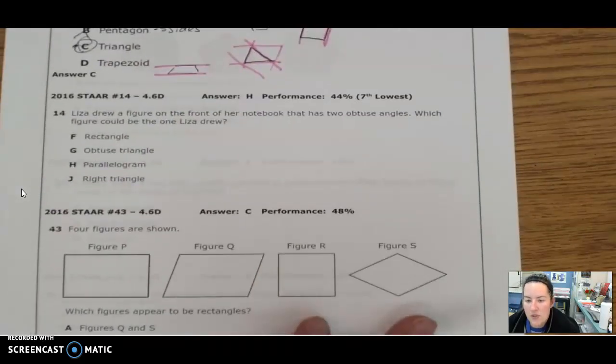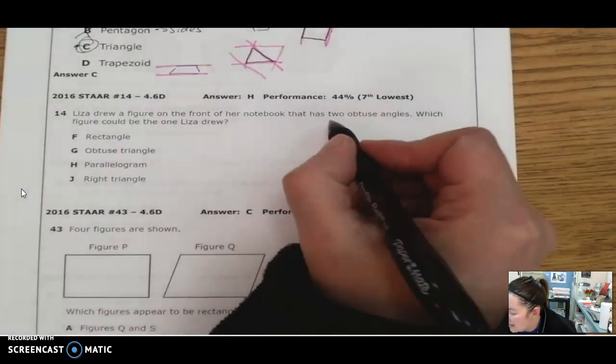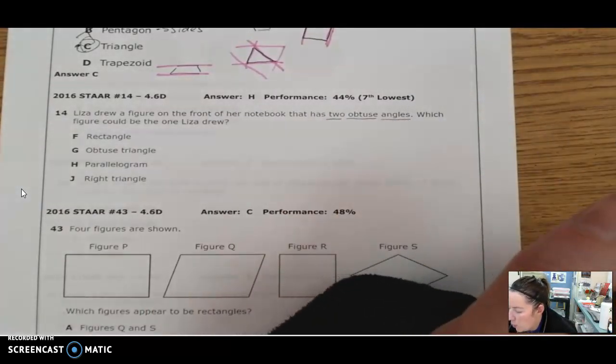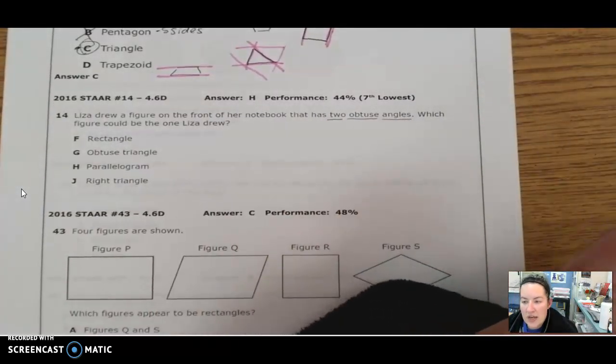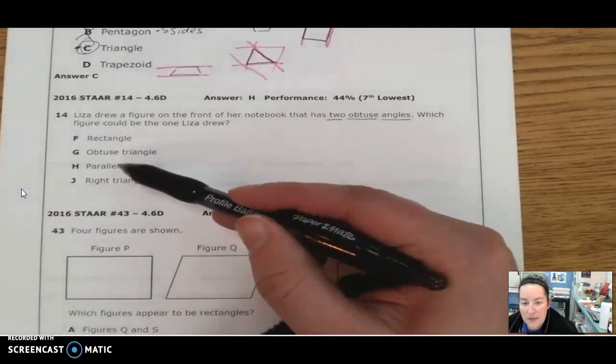Okay, let's do one more. It says, Lisa drew a figure on the front of her notebook that has 2 obtuse angles. Which figure could be the one that she drew? So we're going to have to look at each of these 4 shapes.